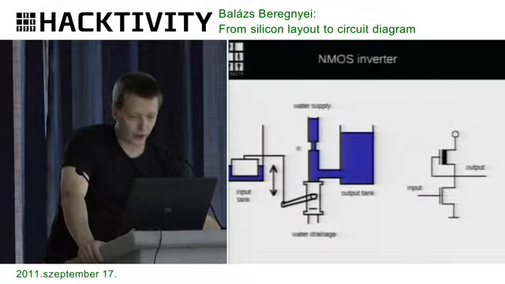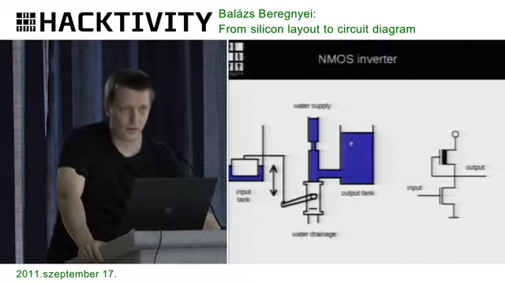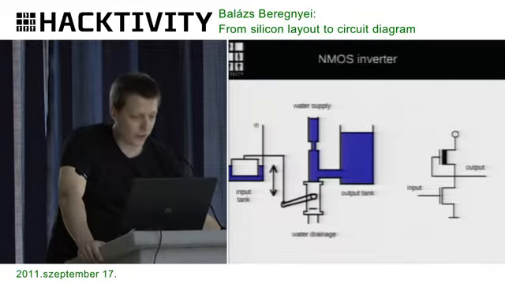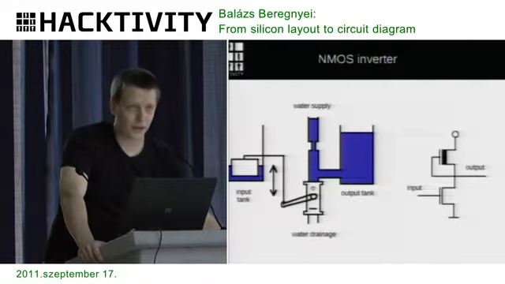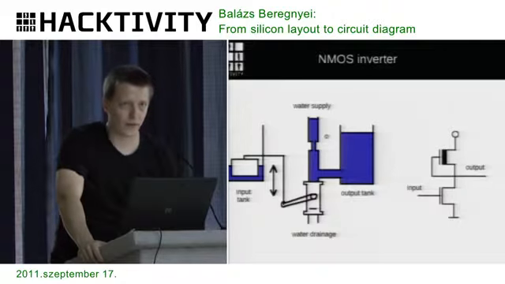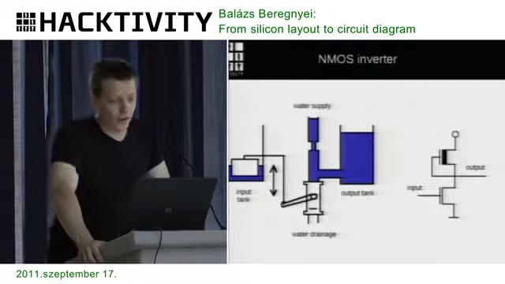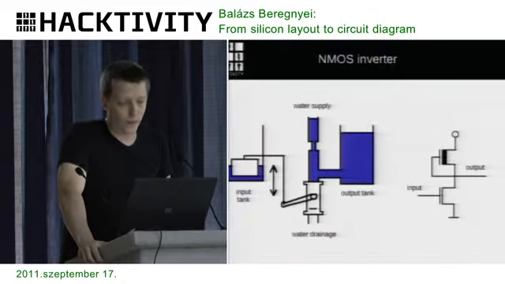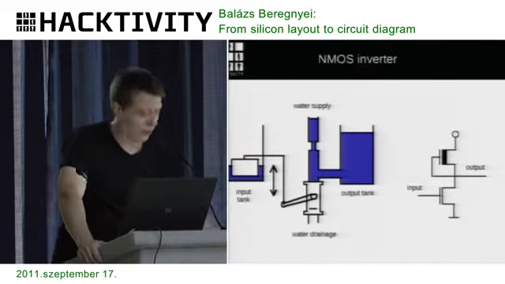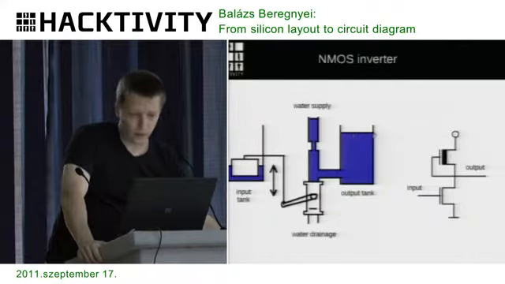So if it's logical 0, then the valve closes, and then you fill up the output tank to 1. If it's logical 1, the valve opens, which has a greater flow than the narrow pipe, so we can nevertheless drain the output pipe in spite of the fact that the water feed still comes. It takes a lot of water, of course, and it takes a lot of power in the electrical solution.